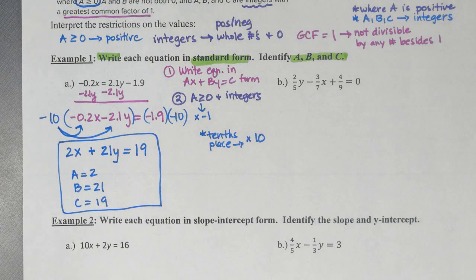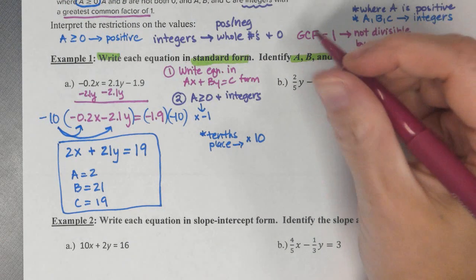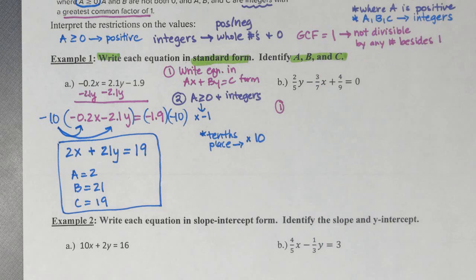Alright, for B, I want you to do step 1. So I want you to put this in standard form and write it down.